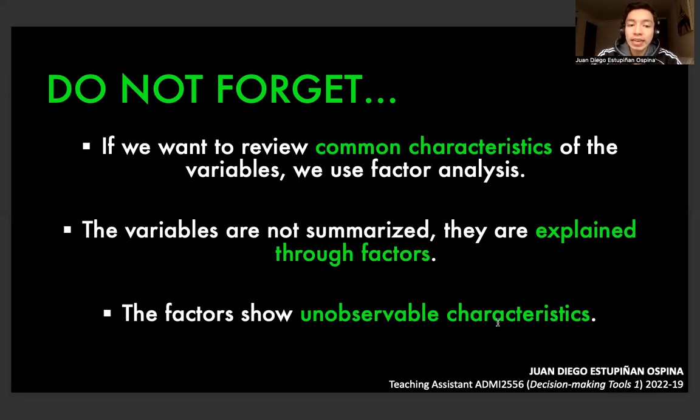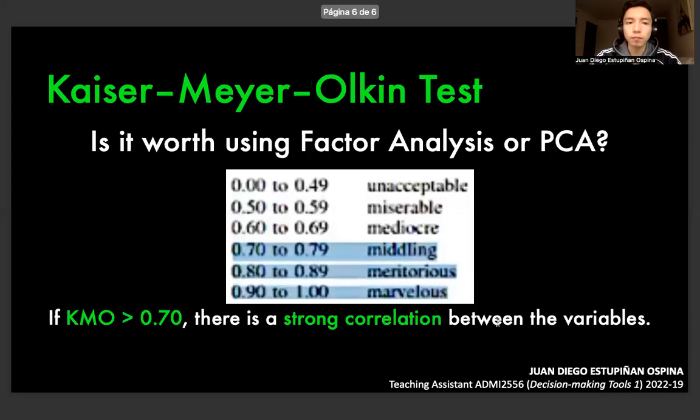And finally, the factor seeks to show you observable characteristics or relations between the variables that are not easily observable in the original data. And this is the end of the presentation.